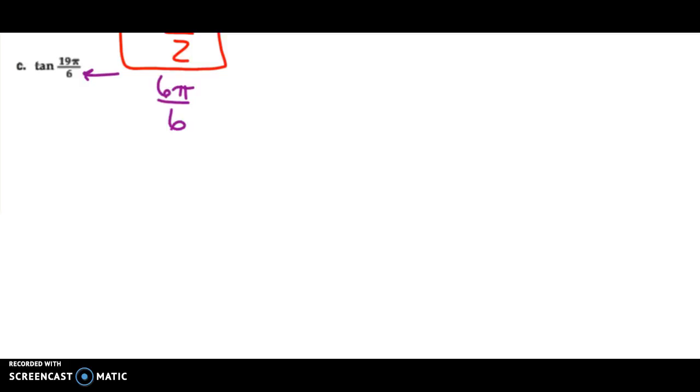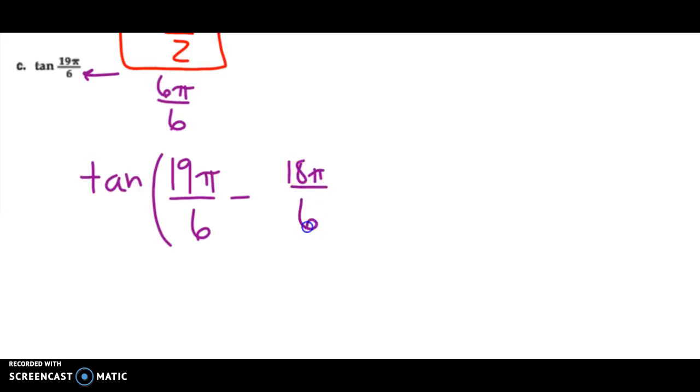So we'll keep subtracting until we finally get something that is. For tangent of 19 pi over 6, the multiple of 6 that could be taken out of 19 is 3 times, so that would be 18 pi over 6. When I subtract those out, I get tangent of pi over 6.